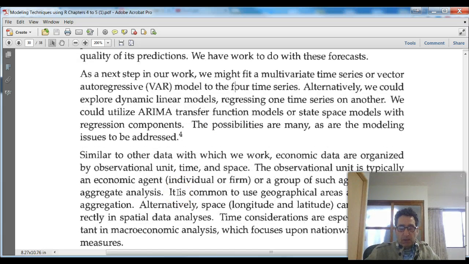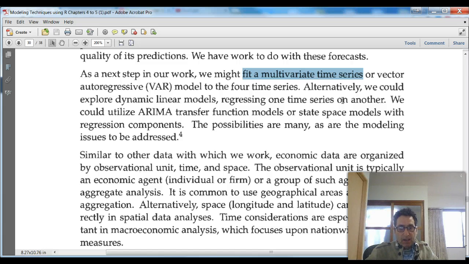So each of those pictures was a single economic measure, and then he says what we can do next is we might try to fit a multivariate time series, or what's called a vector autoregressive VAR model, to our 4 time series. Or we could explore what's called dynamic linear models, regressing one time series on another. So we use one of the variables as input to forecast the other.